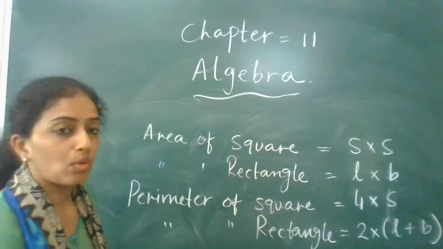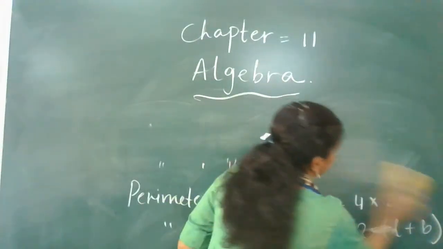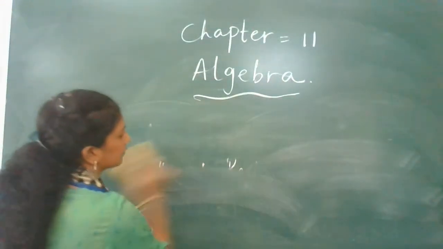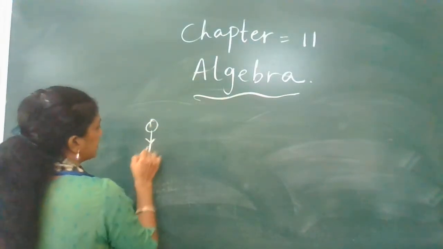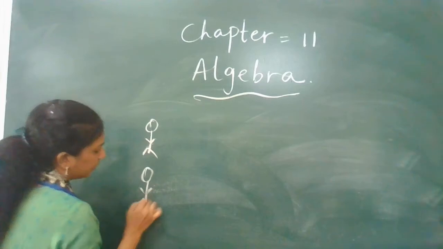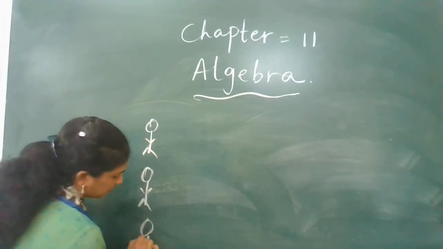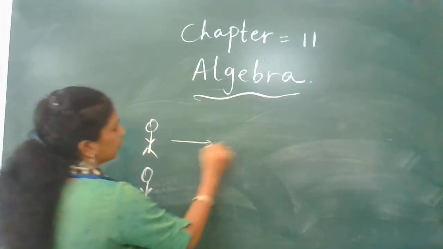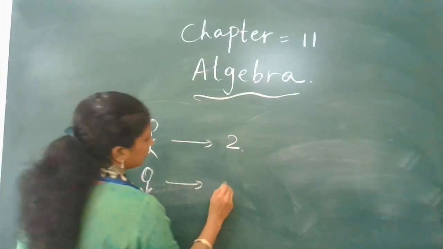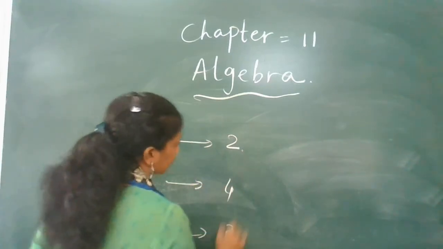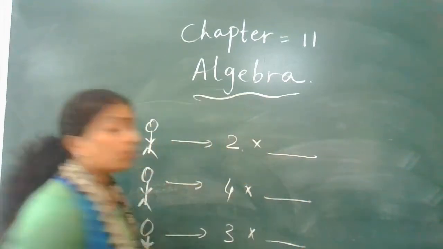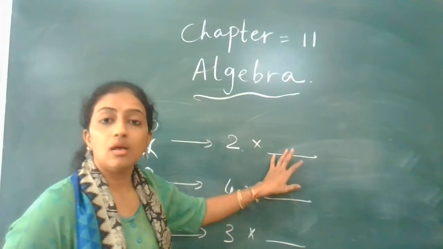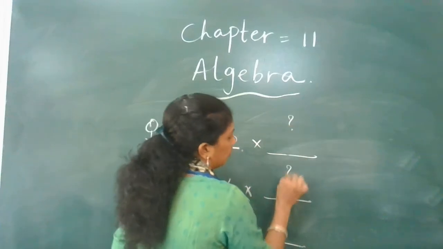So let's go back to our example. There were three students. This student wants 2 books, this student wants 4 books, and this one wants 3 books. But you don't know what the amount is.